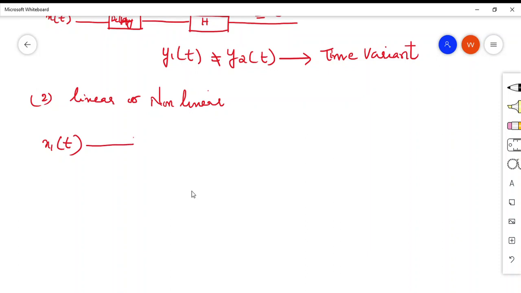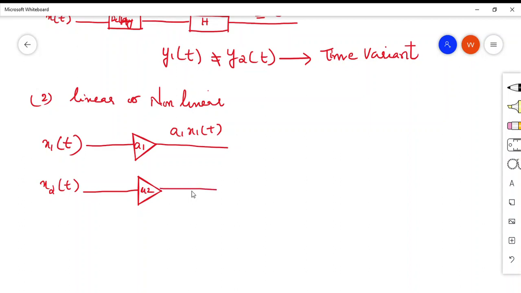This has to be multiplied with a constant a1, so you will get a1 x1 of t. In the same way you take another input x2 of t and multiply it with a constant a2, giving a2 x2 of t. Then you add them together, so you will get a1 x1 of t plus a2 x2 of t.